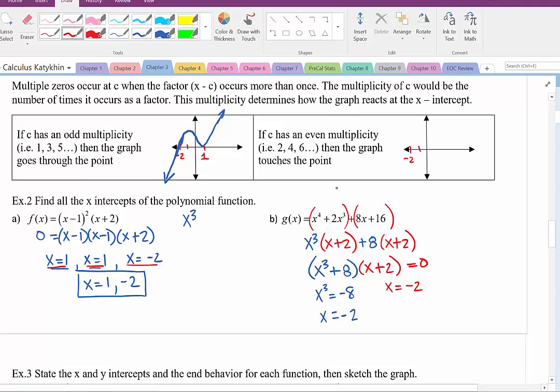So that means both ends are going to be going up. So this is a function that looks something like that. It only touches at -2. It actually never crosses -2. So this would be like a parabola looking function.